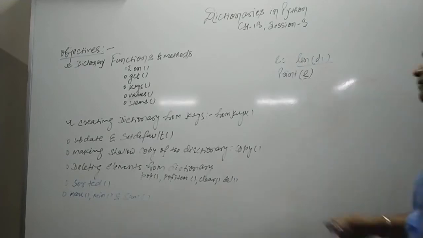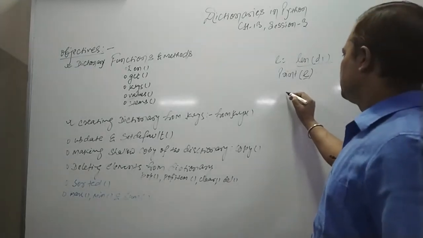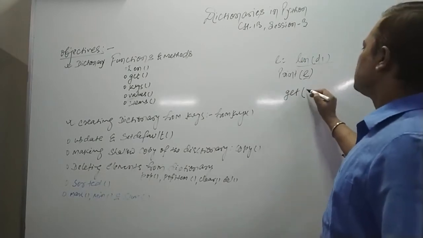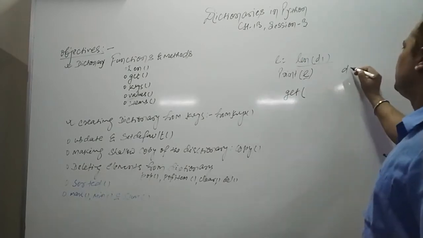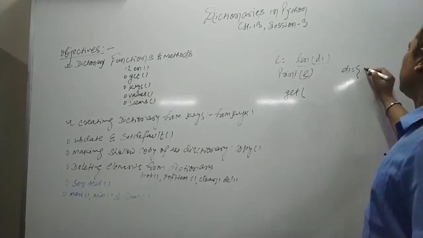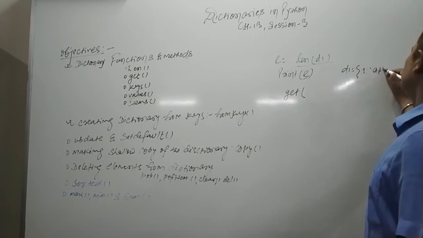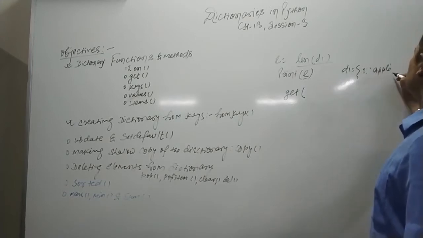Now the get method basically helps us know the item of a particular key. To use get, under brackets you have to pass the key. Suppose a dictionary D1 equal to, we have 1 and then colon and apple, and comma 2, suppose banana.